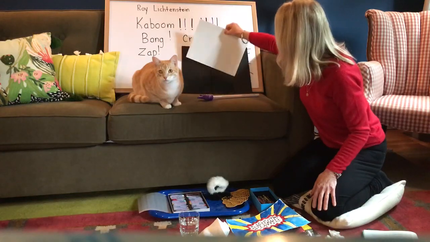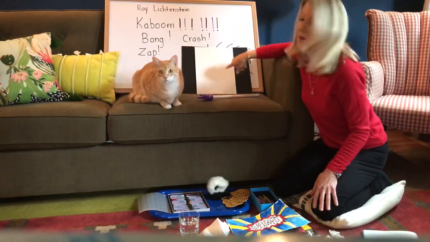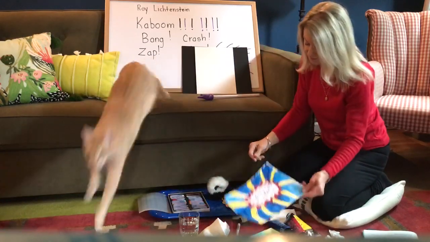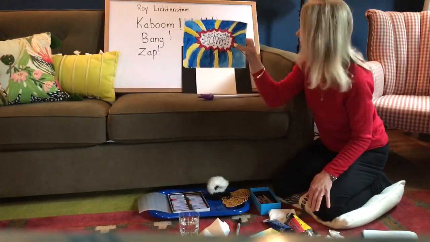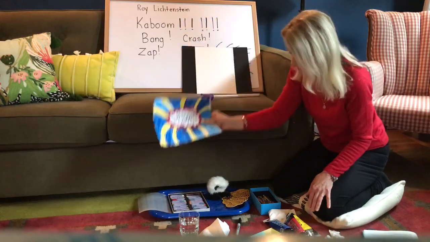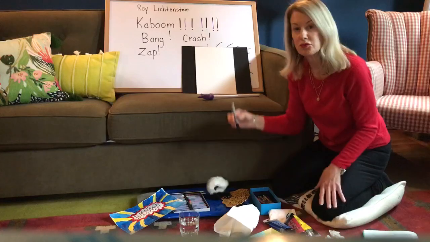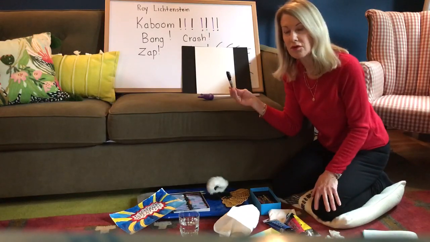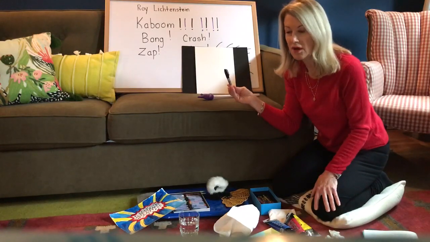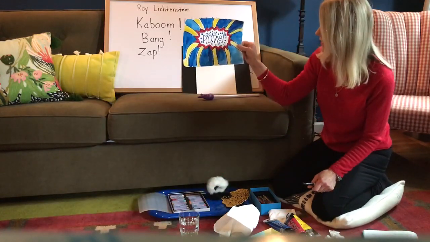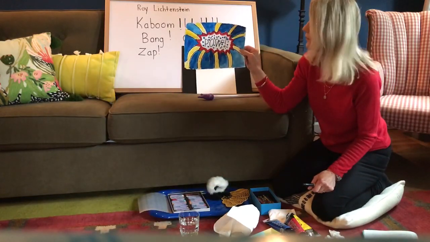So let's see. I think I will do my paper this way. It's a little easier to see. This one I did, this pow one here, okay? So probably the best thing is to use a black marker to make your word. You can do it with black paint, but it's kind of tricky with the black paint.